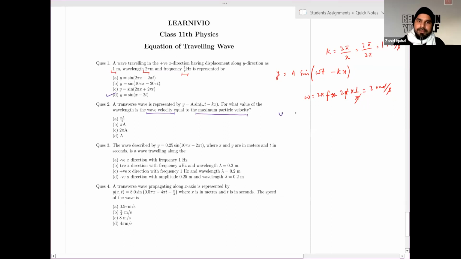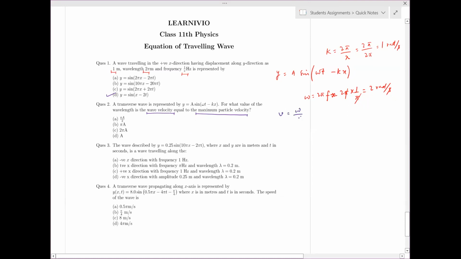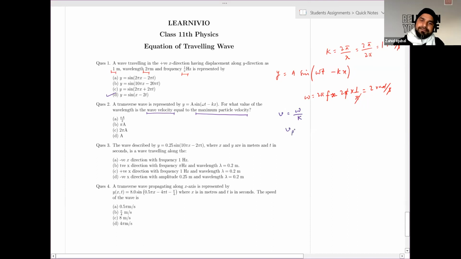Wave velocity is omega by k, and maximum particle velocity is omega times A. We have to calculate the wavelength for which these two terms are equal, so just equate them.